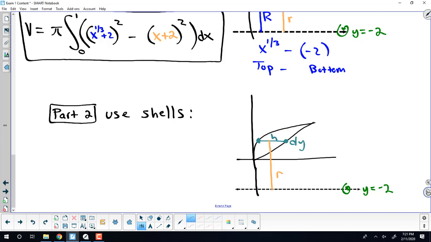Okay, so then the volume's going to look like 2 pi times the integral r. What is our radius here? Y plus 2. Y plus 2, do y'all agree? Y plus 2 is the radius. Again, that's just the top minus the bottom.